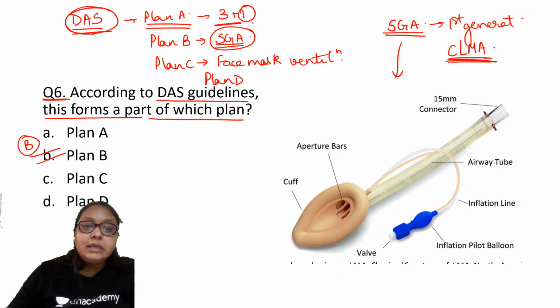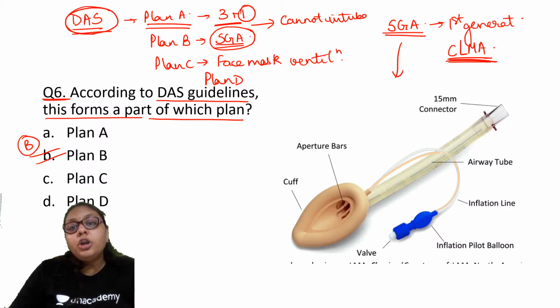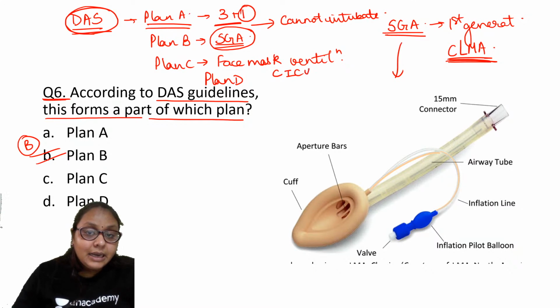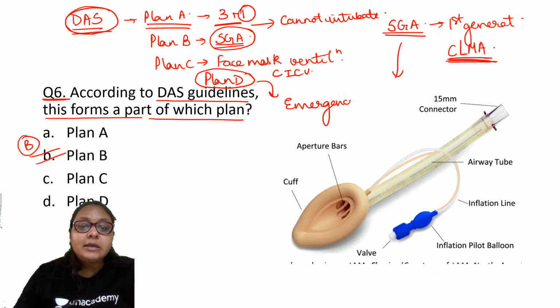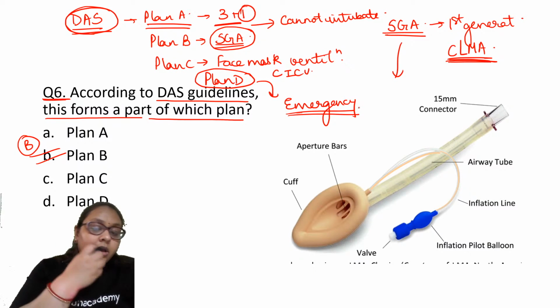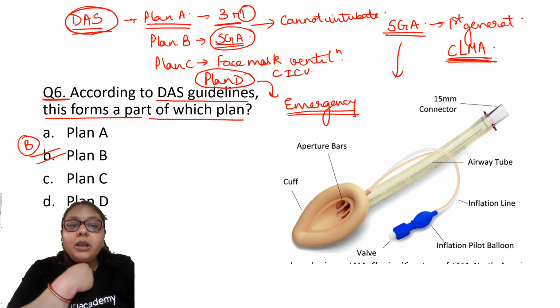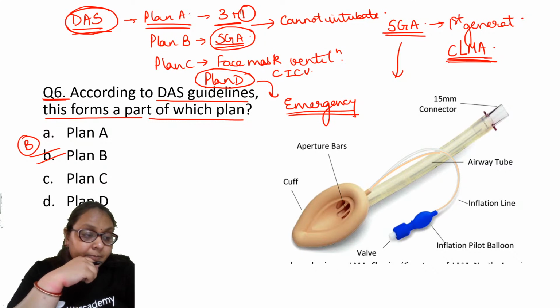This is the situation where you cannot intubate the patient, and if you are not able to ventilate the patient also, that is can't intubate, can't ventilate, then you have to go to plan D, that is emergency procedure, that is cricothyroidotomy. Okay, cricothyroidotomy or surgical tracheostomy, that is plan D.